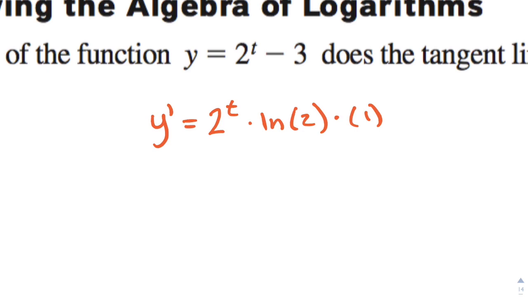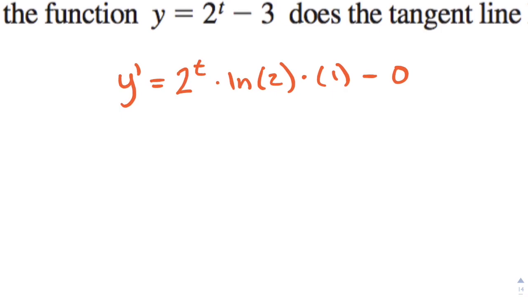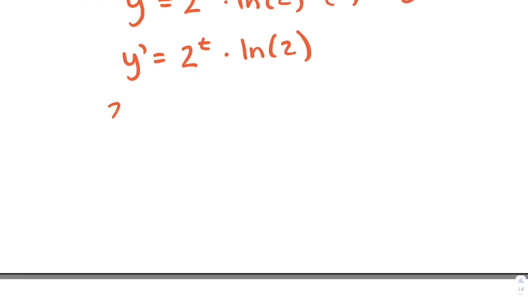Take away 0. The derivative of 3 is 0. So it's going to simplify to be y prime equals 2 to the t times ln of 2. Substitute in our value of 21. We get 21 equals 2 to the t times ln of 2.